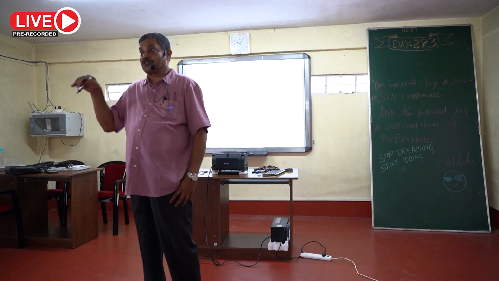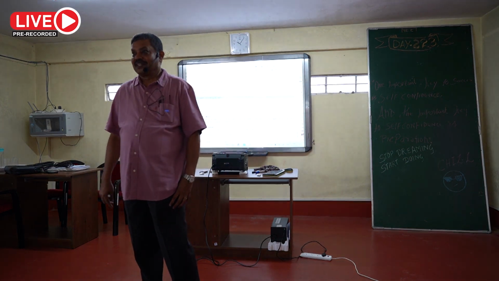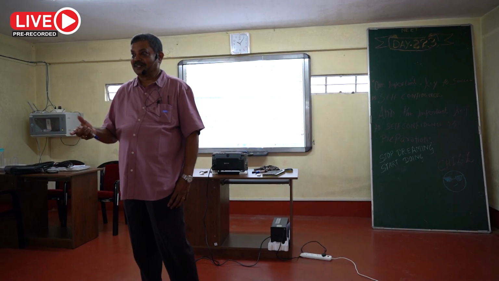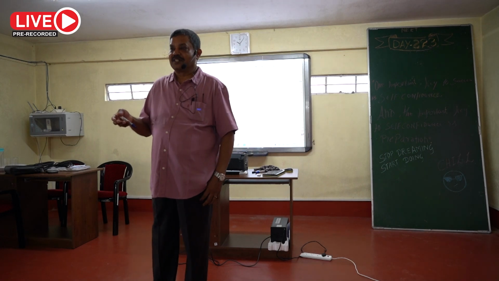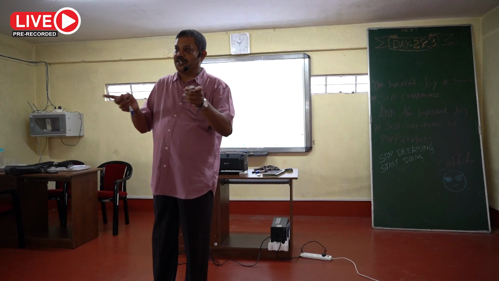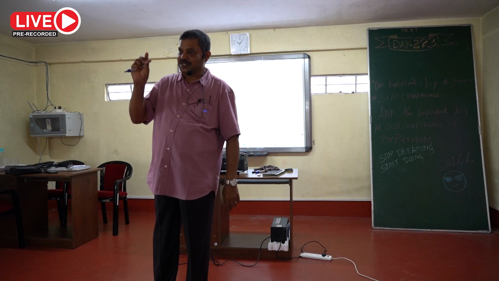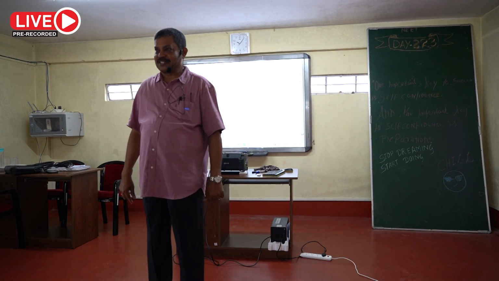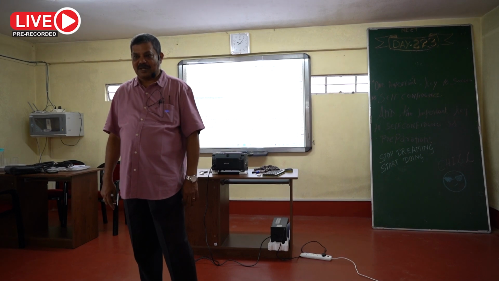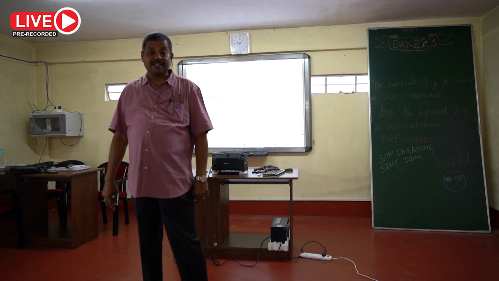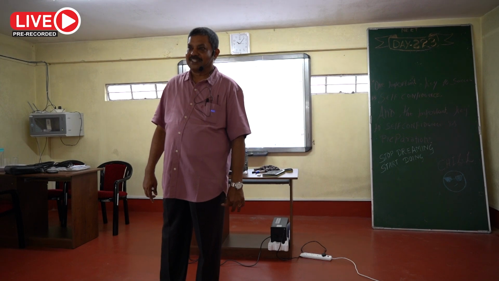Norman Borlaug was posted there. He identified what they were doing. He observed, and after so much observation, he did some cross-pollinations and produced good quality seeds which give more yield of plant products and are disease resistant.